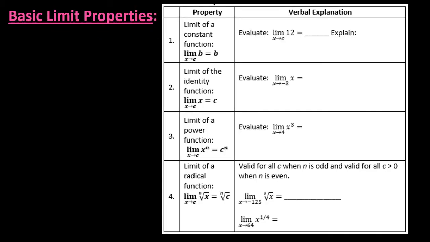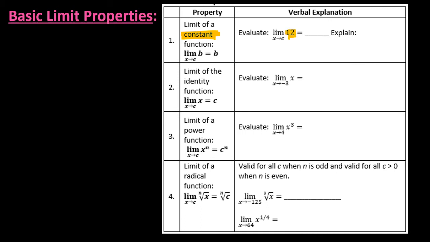Okay, moving on. We have some basic limit properties. For the next couple of slides, I need to go over them. They are not super hard, but we just have to establish the rules of limits so that we're all talking the same language. The biggest keyword here is a constant function. There's no variable involved.